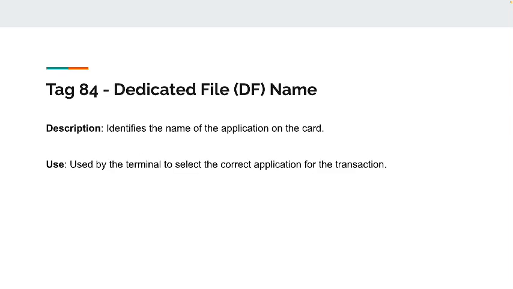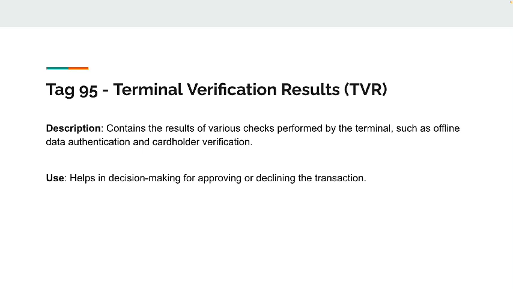Followed is tag 84. Tag 84 is the dedicated file name, the name of the application on the card, right? It's used to select the correct application for the transaction, typically, like we said before, right? And we have tag 95, the terminal verification result. What does tag 95 do? Tag 95 is the result of various checks that are done, right?